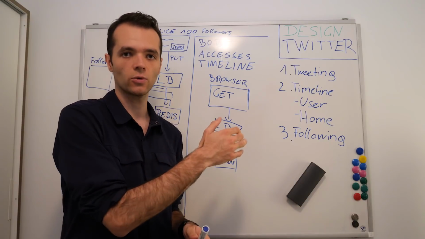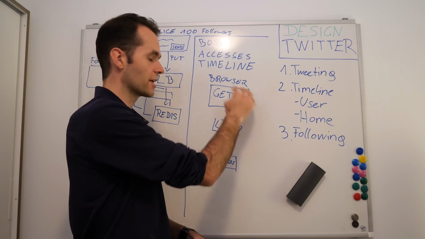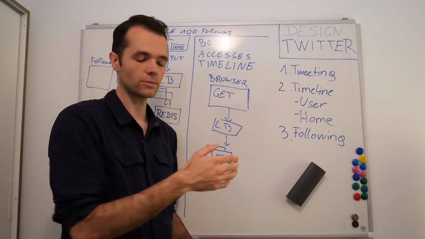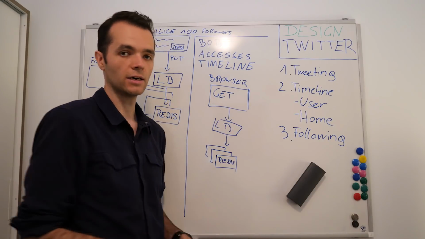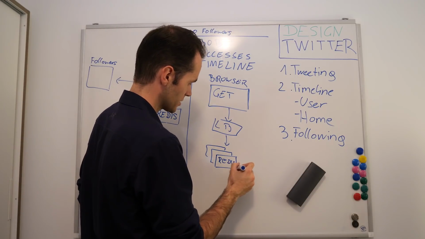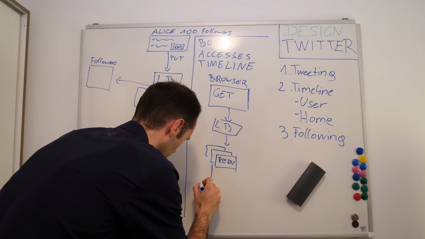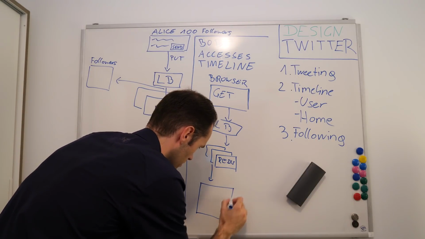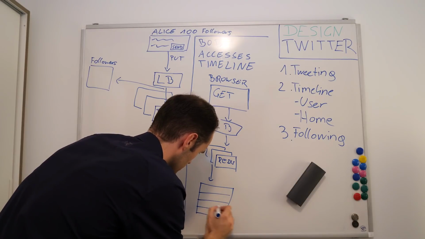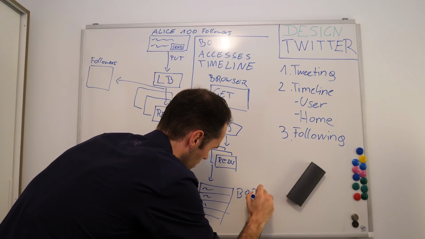And the fastest one that responds will get redirected to Bob. So the answer, which is the fastest from Redis, is the one that Bob then sees. So fastest one, let's say it's the second one here, will then populate Bob's timeline.